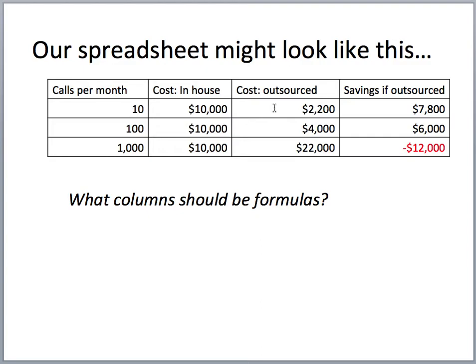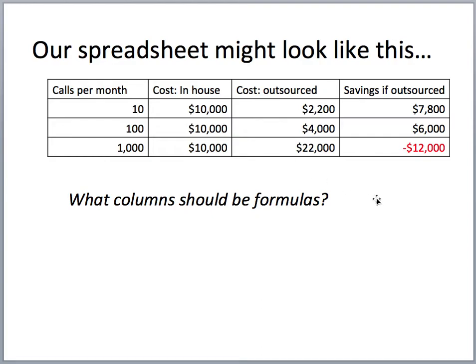The outsourced cost does. It's $2,000 plus $20 for each call. So we can see from this simple spreadsheet-like table that at 10 calls we save money, at 100 calls we save money, at 1,000 calls we don't save money anymore.